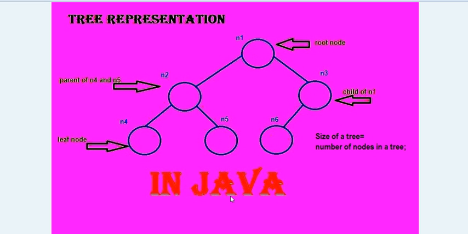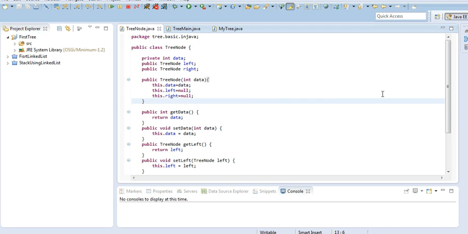So to calculate the size, let's go and do the coding. I have already done this in our previous tutorial. We have already made the node of a tree that contains data, a left link to the left subtree and a right link to the right subtree, and provided it in a constructor.